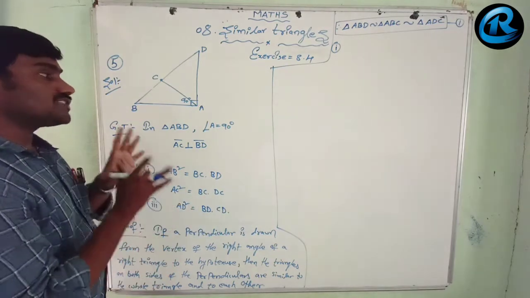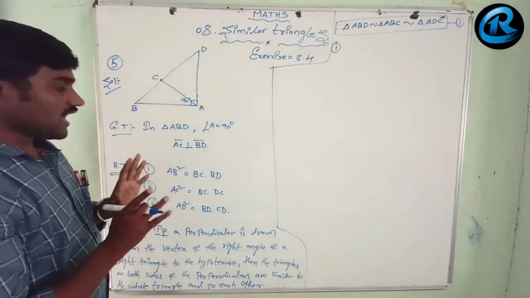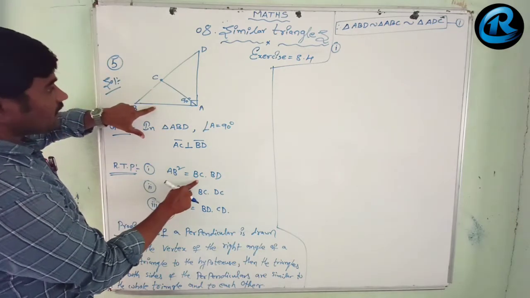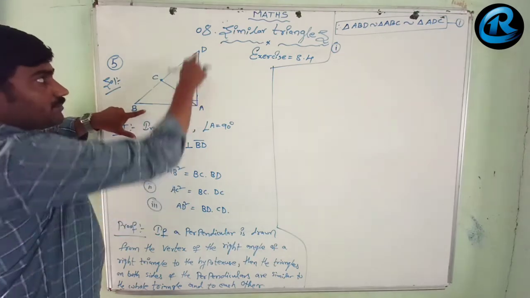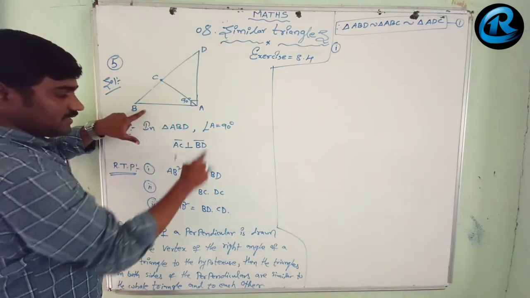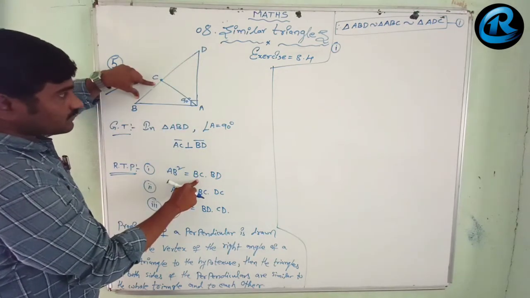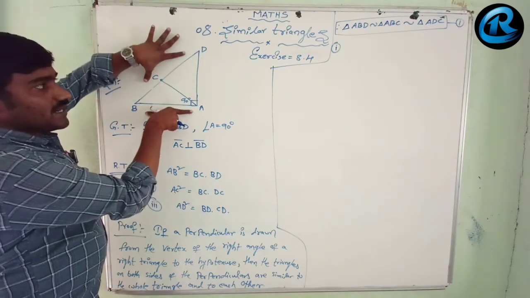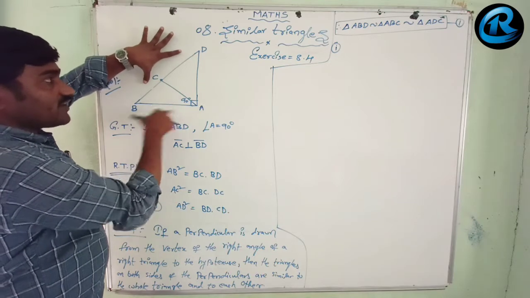So first of all, we have to select the triangles. Which triangles we have to take? See that here AB side is taken first. AB side and BD side, these two sides are of triangle ABD.